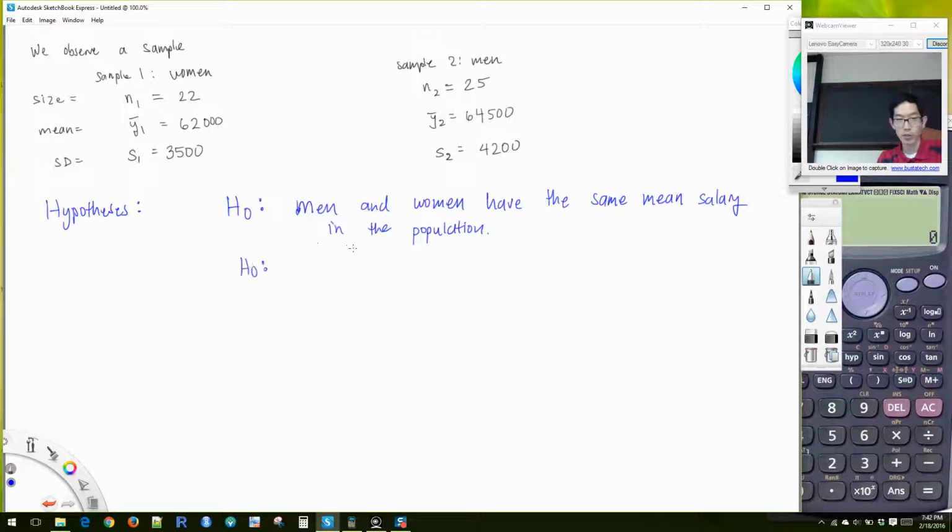And so symbolically, to write that men and women have the same mean salary in the population, we would write mu for men is equal to mu for women. Okay, so this is one way to write it.